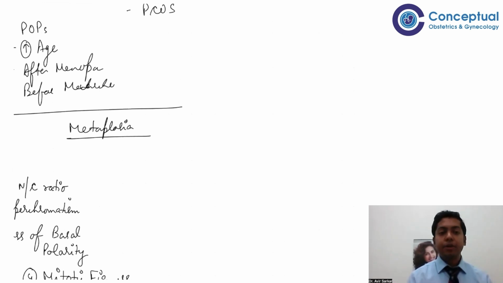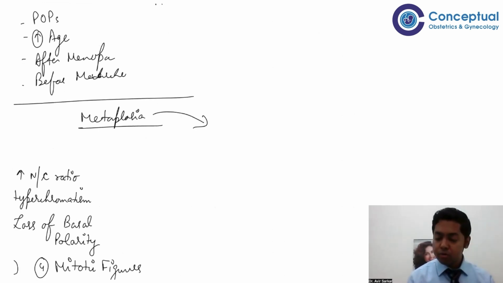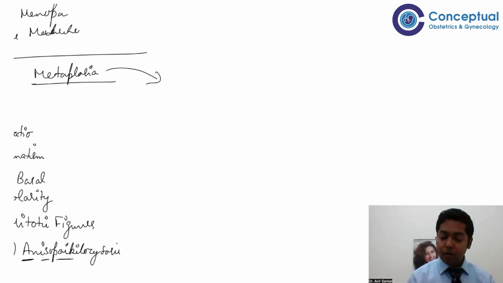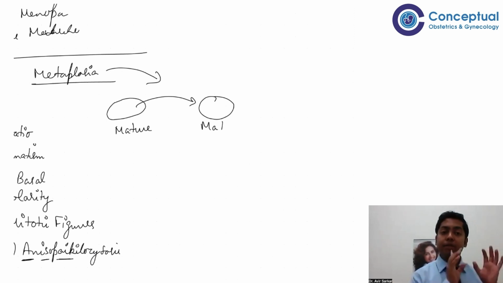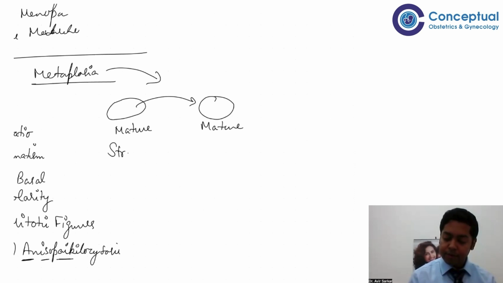Coming to the next terminology, which is metaplasia. So what actually is metaplasia? Metaplasia means one mature cell lineage is being converted to another mature cell lineage. This is very important. Suppose there is stratified squamous epithelium.